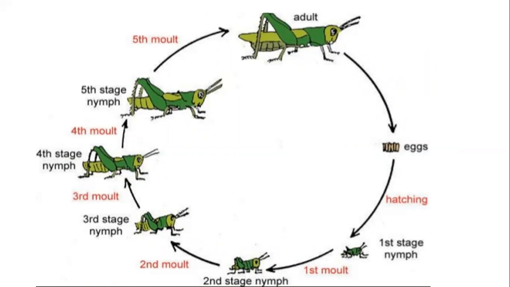After hatching, first stage of nymph, then first molting occurs, by which second stage of nymph emerges, then second molt, third molt, fourth molt, fifth molt, जिनकी वजह से first stage of nymph, second stage of nymph, third stage of nymph, fourth stage of nymph, fifth stage of nymph, and at last the adult emerges from the molt.